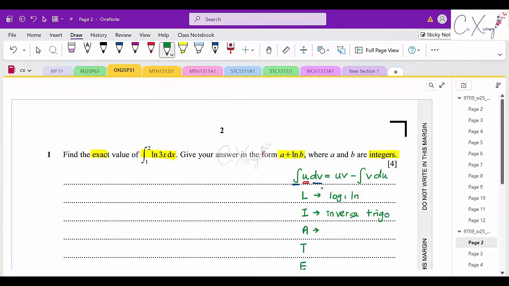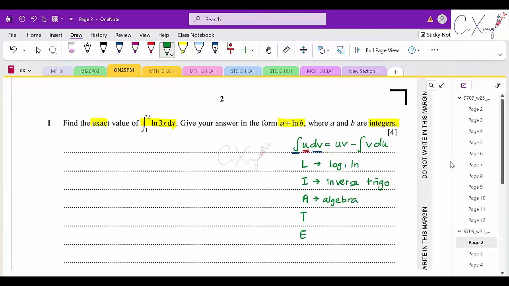A is algebra. All the polynomial terms are algebra, such as x squared, 3, 3x squared. T means trigo, and E means exponential function. If your group is higher, then it will be the u. If your group is lower, then it will be the integration of dv.